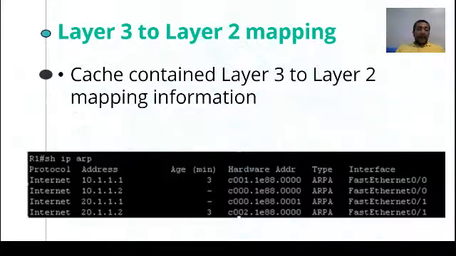Diyan hinahanap ng router natin yung mapping na yun. Kasi we need to have two addresses para makamove yung information natin from point A to point B. Those two addresses would be your IP address as well as the hardware address.